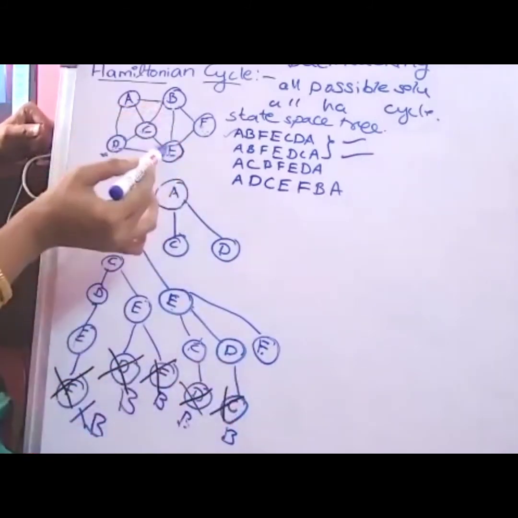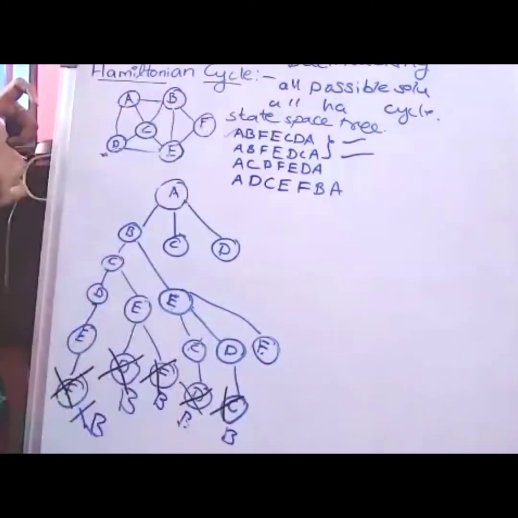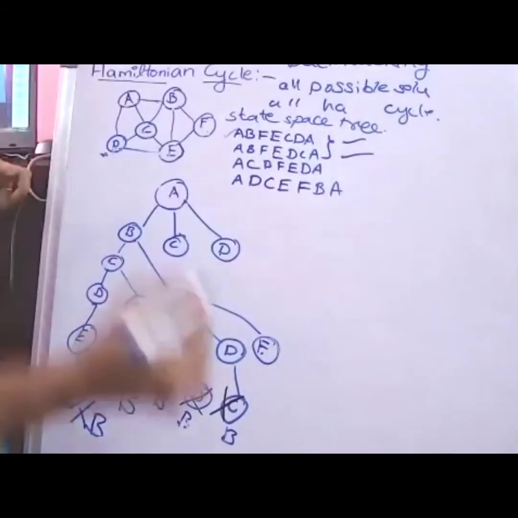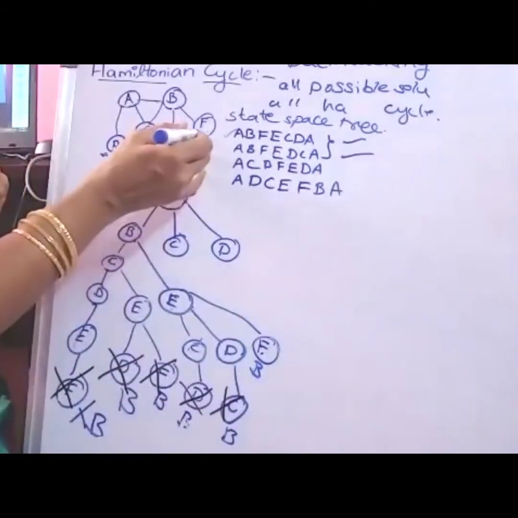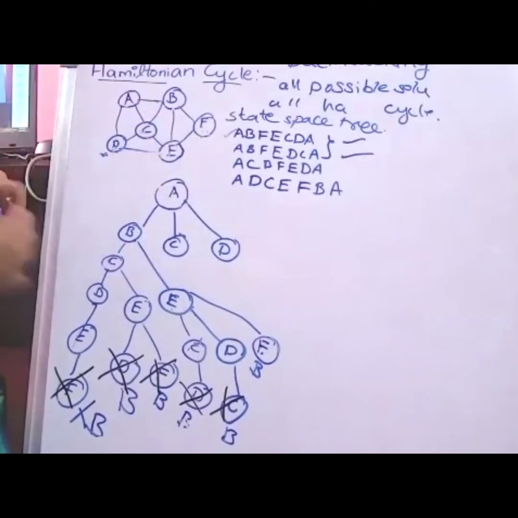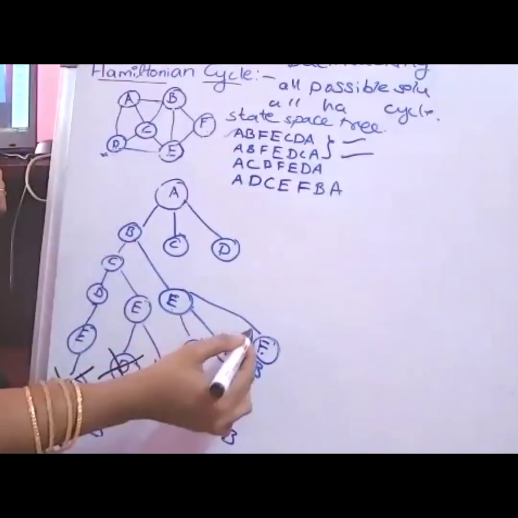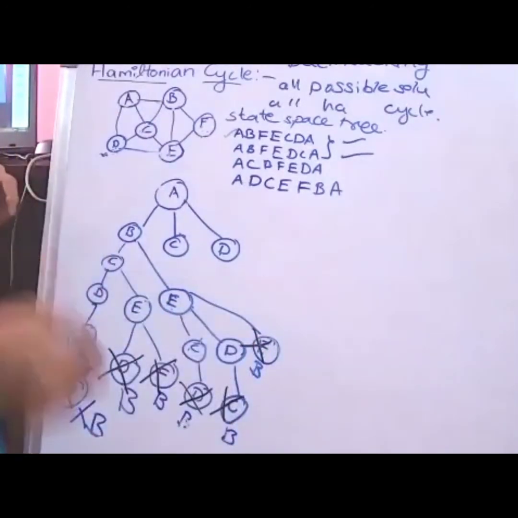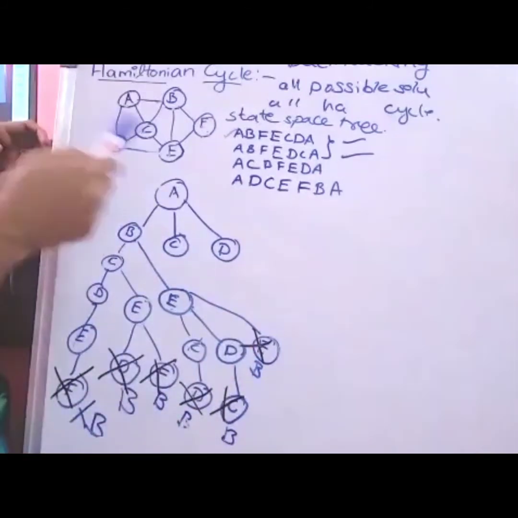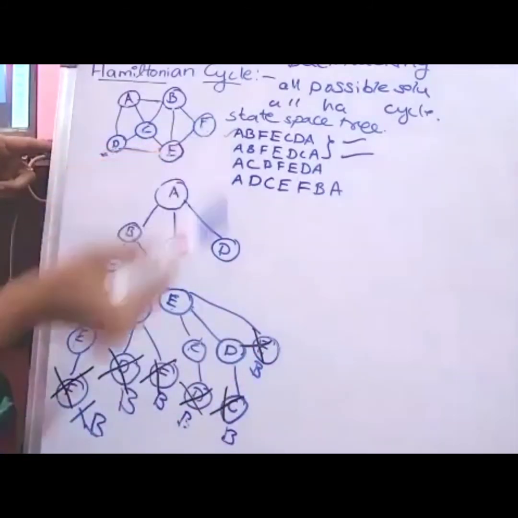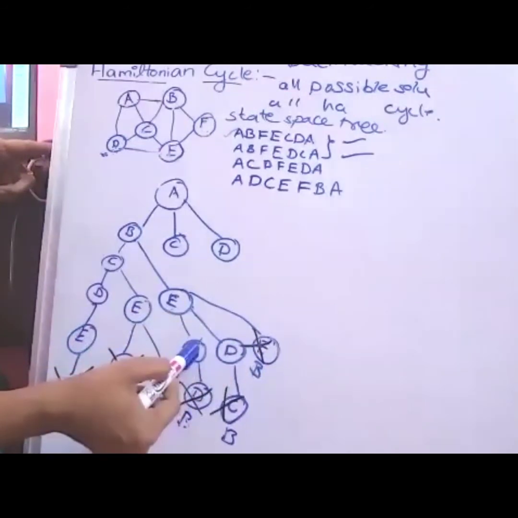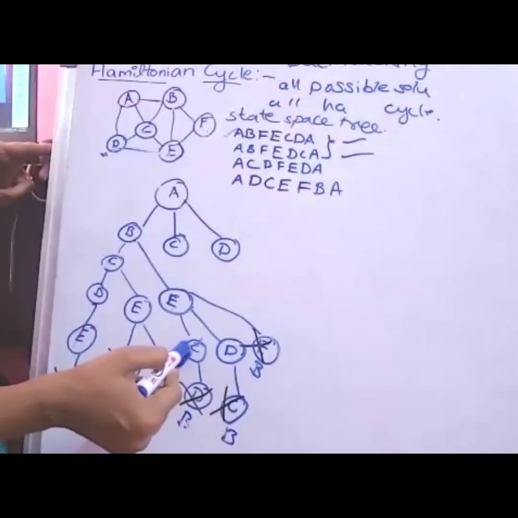F is connected to only B and E. B and E are already covered. So it is also not a possible solution from this point. From E, all these are covered, and the three options we covered are not giving a possible solution.